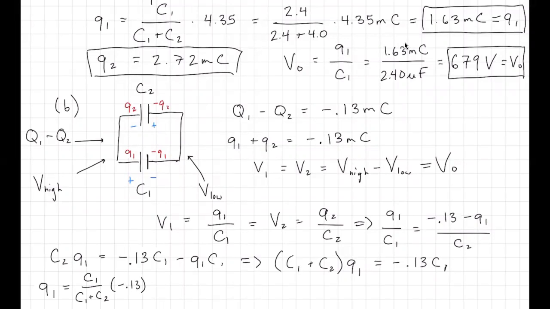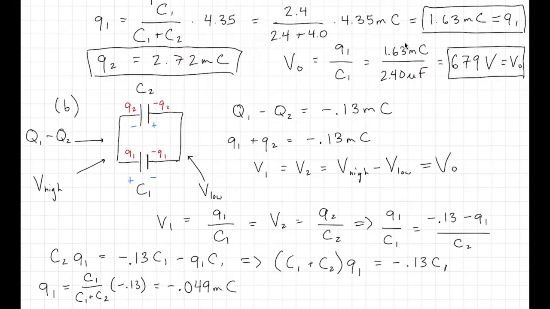If you look back up here, it's the identical solution, just with a different sort of total charge that we're working with. Above, it was the addition of the charges, and here it's the difference of the charges. So what do we get if we do that? I get negative 0.049 millicoulombs.